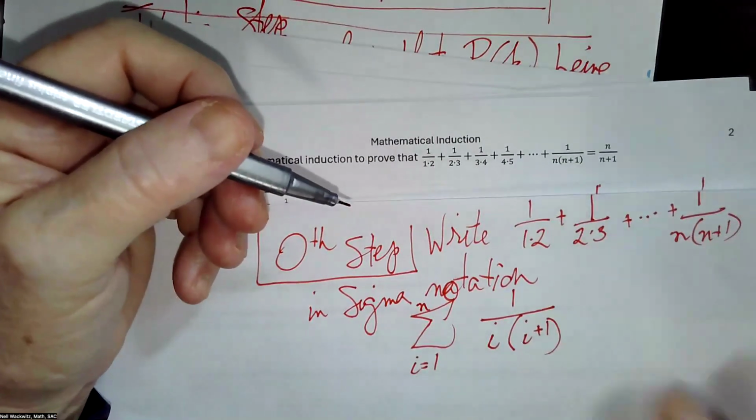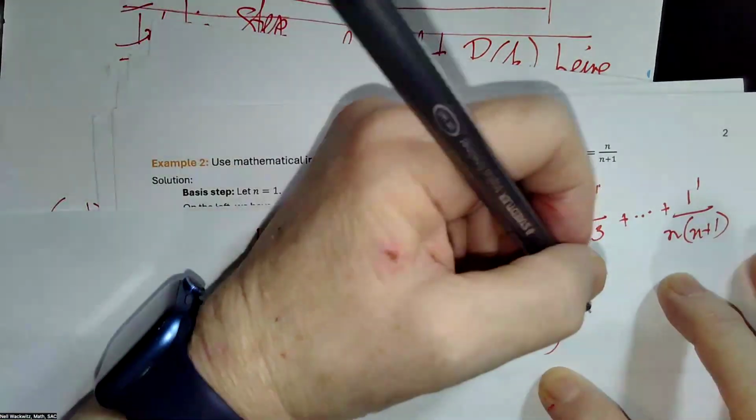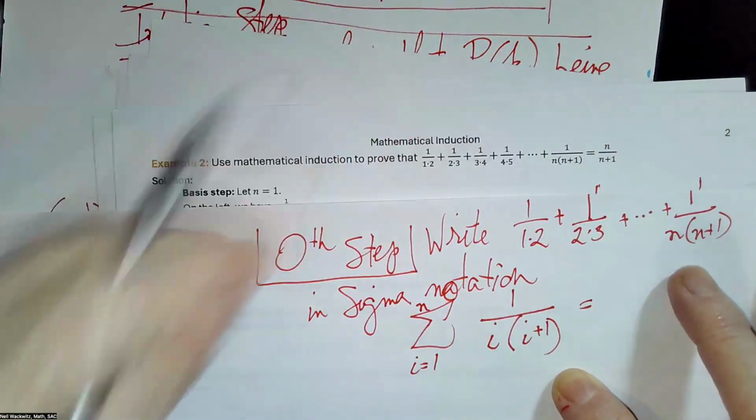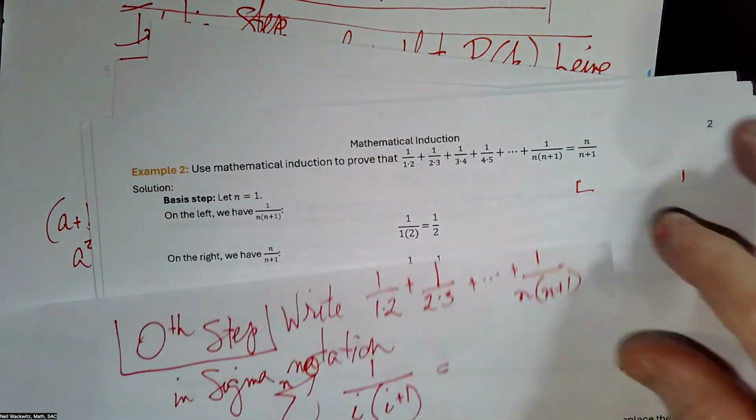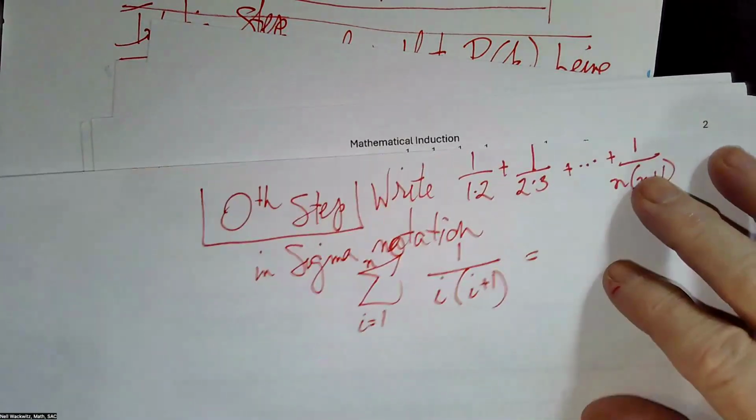So we're going to add these, and we want to show that this is equal to n over n plus 1.